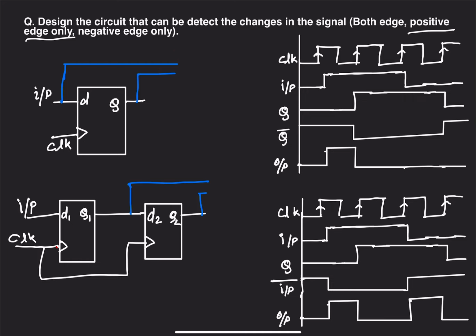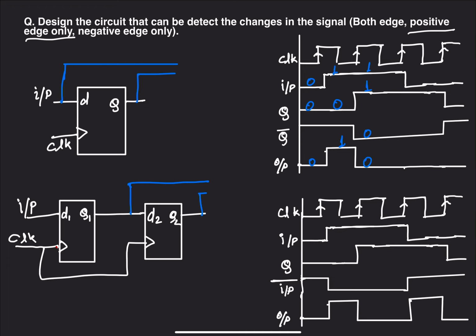here. So input is 0 and Q is also 0, so output is 0, and when input is 1, Q is 0 and output is 1. And when input is 1, Q is 1 and Q bar is 0, so our output is 0.